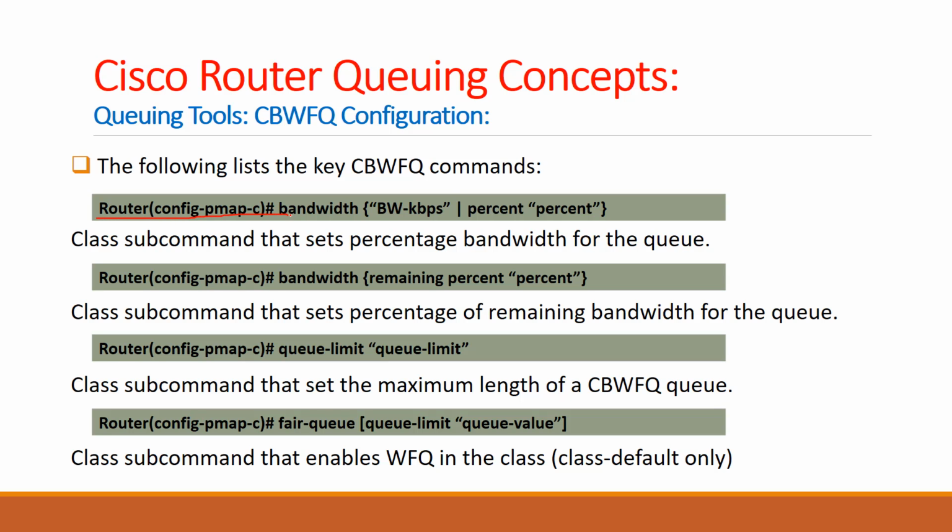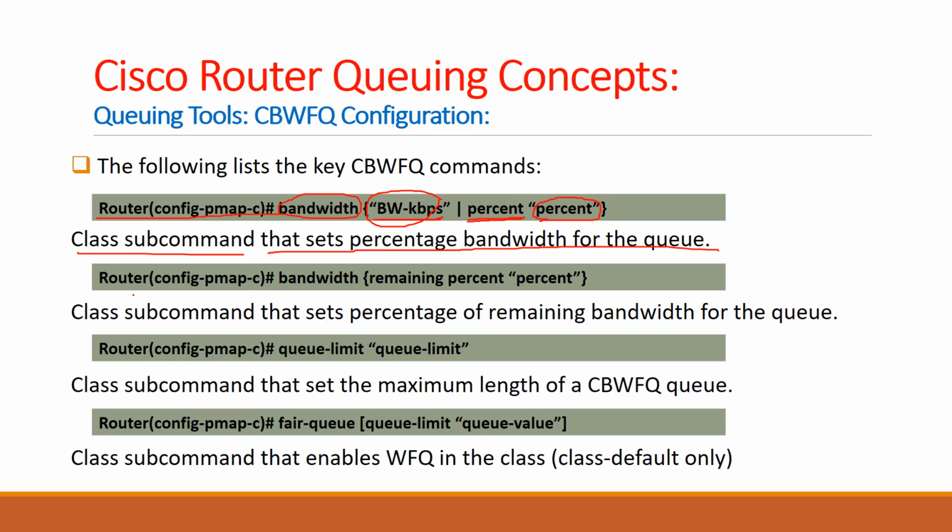It is bandwidth, and you define either the kilobits per second as a value, or a percent of the link bandwidth, and you define the percent. This class subcommand sets percentage bandwidth for the queue or a specific value.